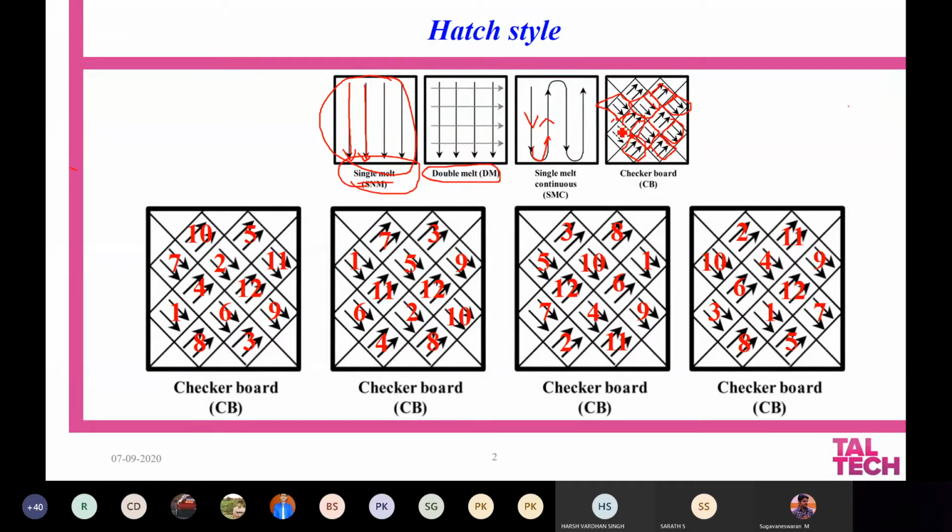But if you melt the sample in such a way that no two adjacent islands are melted at the same time or continuously, for instance, you can see here the first melting here, second melting is here, third melting, fourth melting, so they are spread apart.